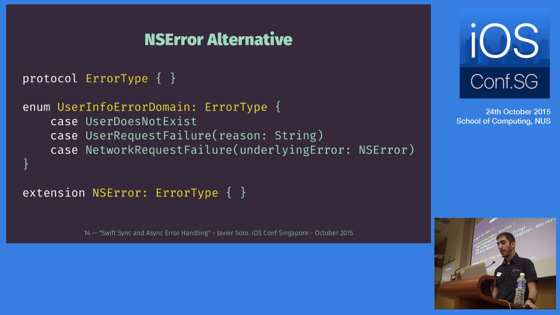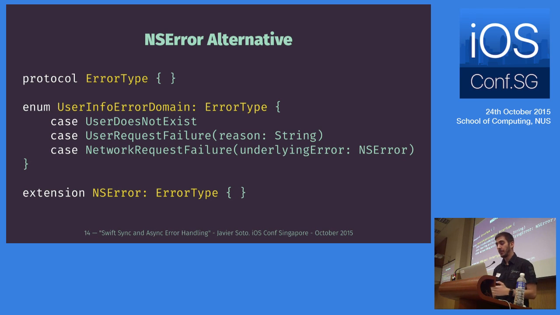And here's an example. We can create our own enum. In this case, it's called user info error domain. So we're going to have some API that lets you query user information, and the types of errors that API is going to expose are going to be these.